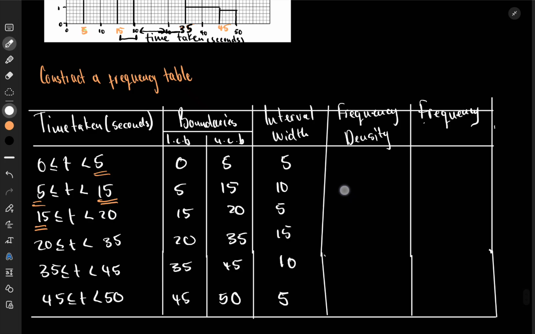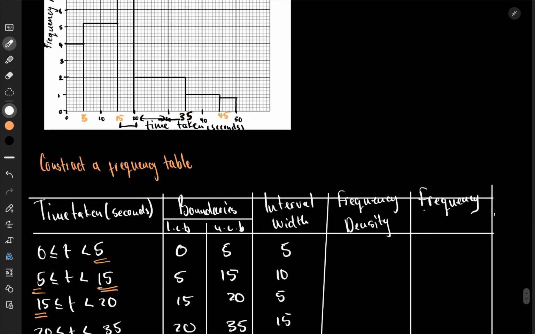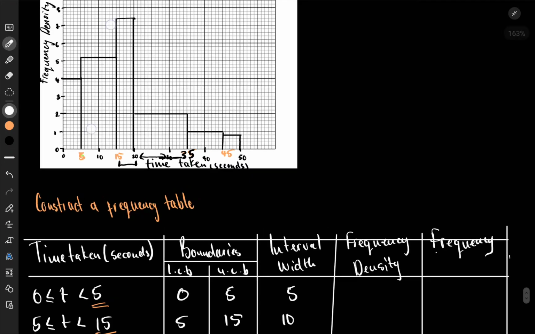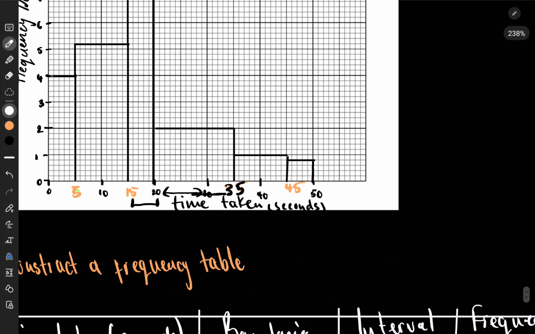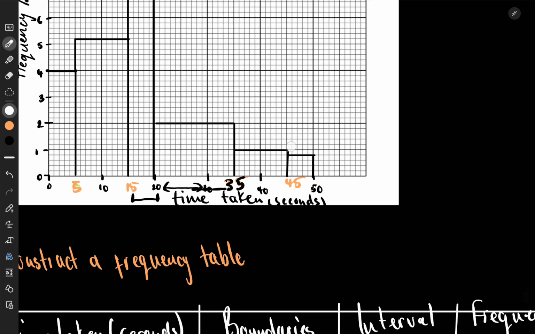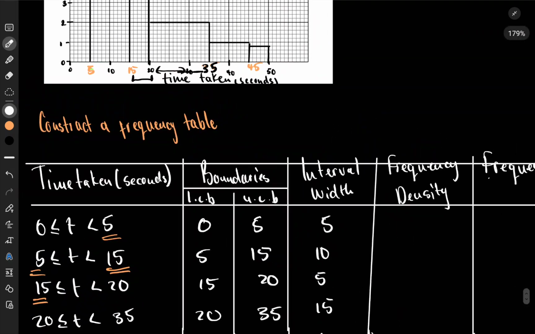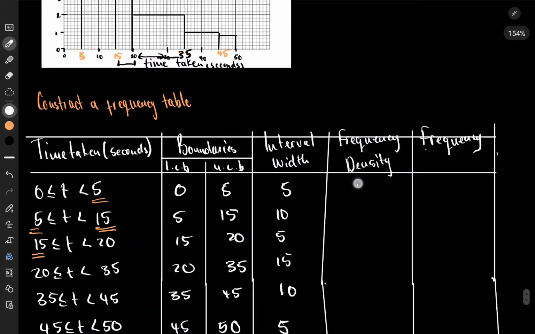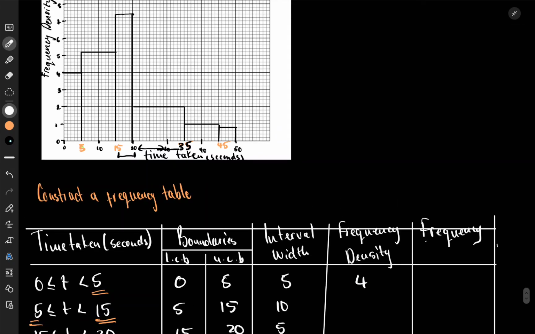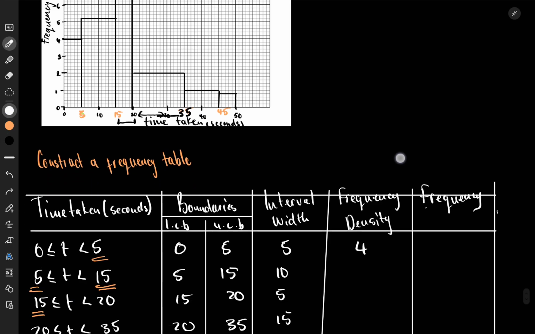Now, frequency density. I have the frequency densities here. For the first one, it's exactly on 4. For the second one, it's 5.2, because it goes 2, 4, 6, 8, 10.